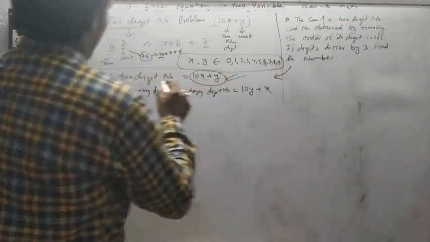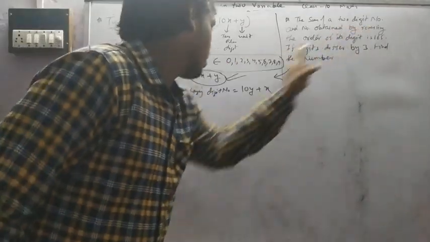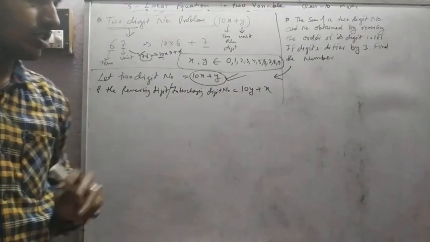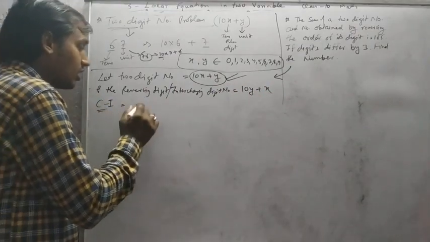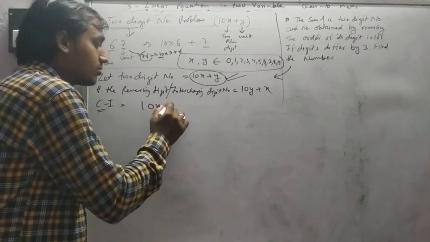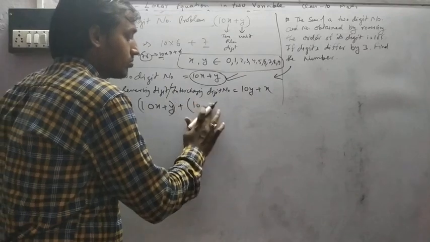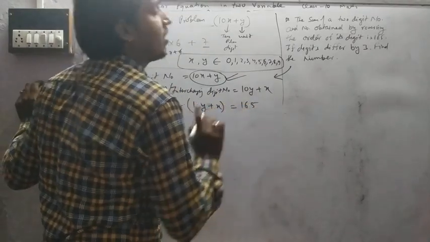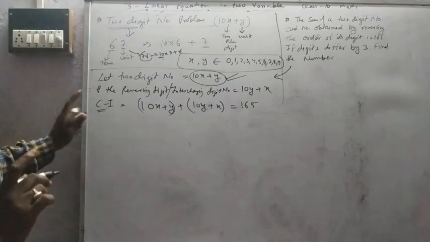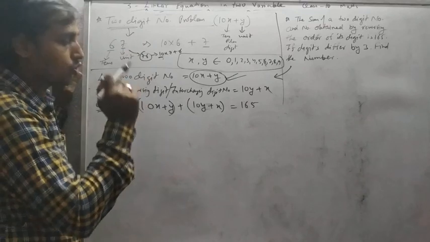So first take the solution. Same. Let the 2-digit number be 10x plus y, the reversing number 10y plus x. For case first, the sum of the 2-digit number and the reversing number makes 165, according to the question.